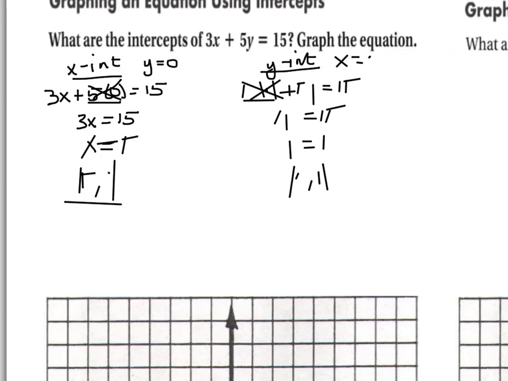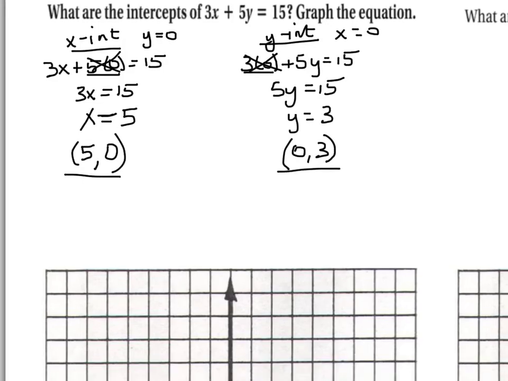And now what I'm going to do is plot these two ordered pairs down here on the graph and then draw my line. So we got the ordered pair (5, 0). Okay, so I'm going to go right 1, 2, 3, 4, and 5, and put a dot. That's the ordered pair (5, 0).